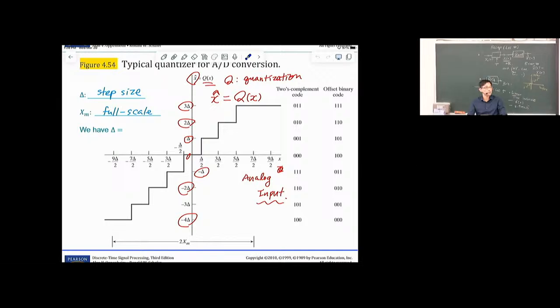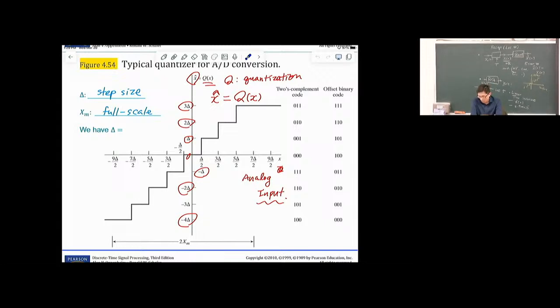8 steps. And the step size, this height from one step to the next, is denoted in this case by the letter delta. It's very simple, we simply call delta the step size of quantization, okay?